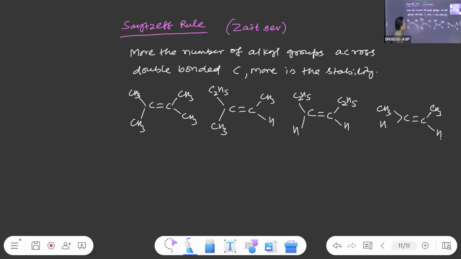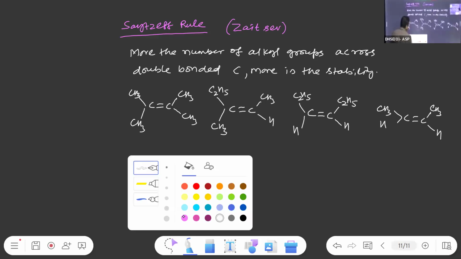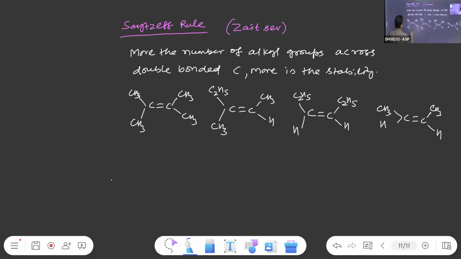So these are the 4 compounds. What is the stability order of these 4? In the first there are 4 alkyl groups, the second 3, and the third and fourth 2 alkyl groups. Now what about the number of hyperconjugative hydrogens? Here it is 12 hyperconjugated hydrogens. Count the alpha carbons: 3 and 3. Here alpha 3, but here the alpha carbon has CH2, meaning 2 and 3. So 3, 3, 2, that is 8 alpha hydrogens. This is 4.